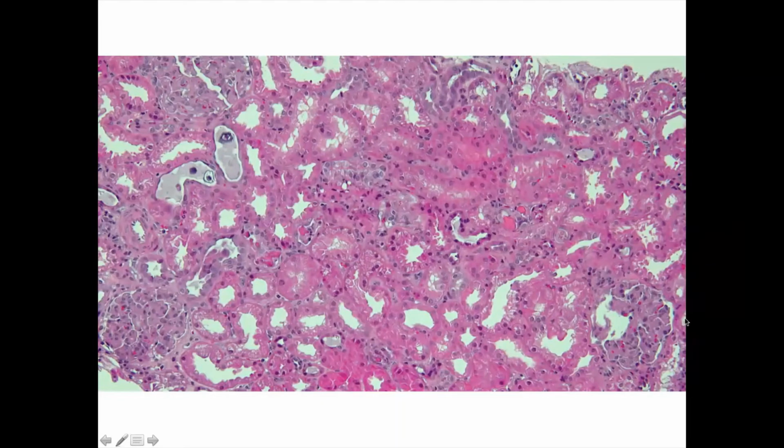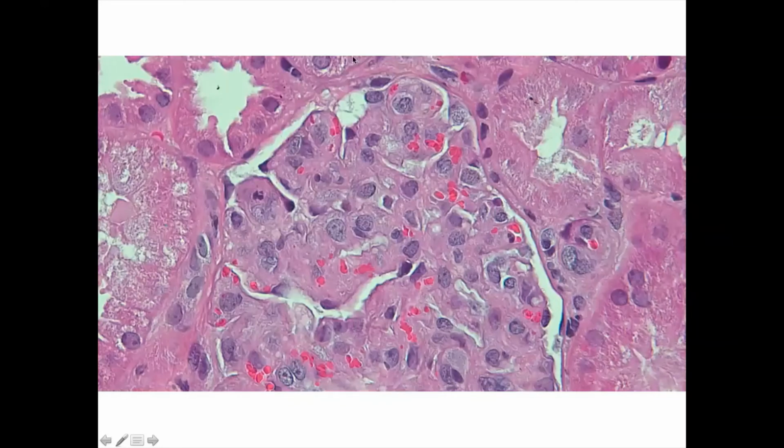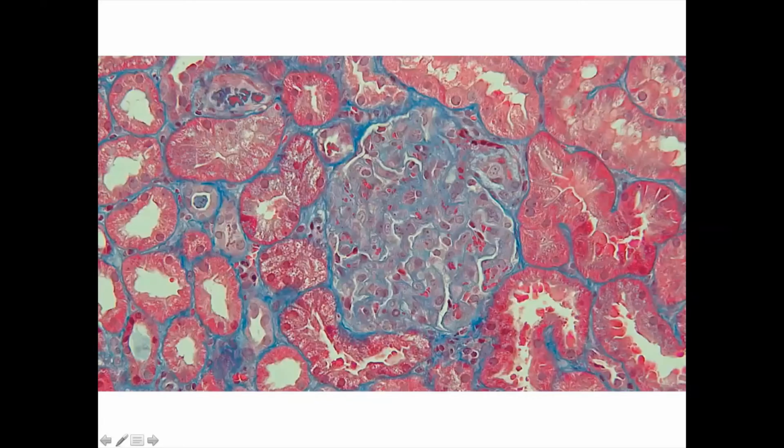This looks like an MPGN pattern. But we don't have mesangial hypercellularity, we have mesangiolysis. And the lumina, they are occluded, okay? But what are they occluded by? They're not occluded by inflammatory cells. It's not exudative. They are not neutrophils.